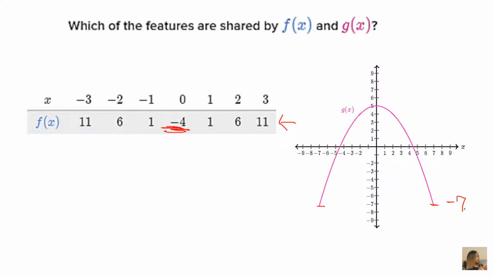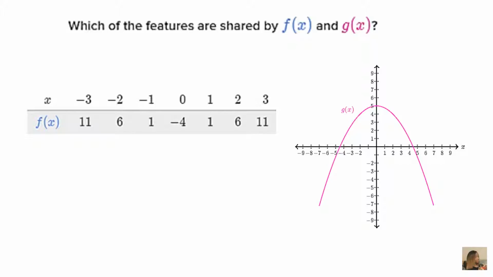So we can eliminate the first option because they don't have the same minimum, okay? 7.25 and 4 definitely don't correspond. All right, on to the next one.